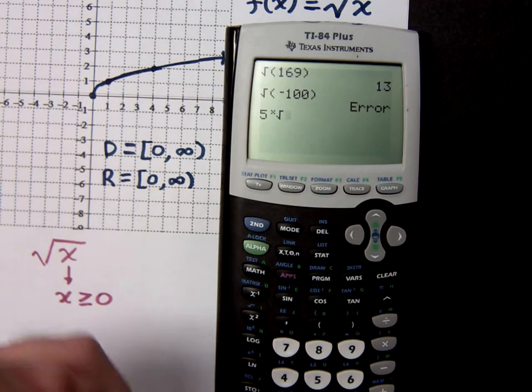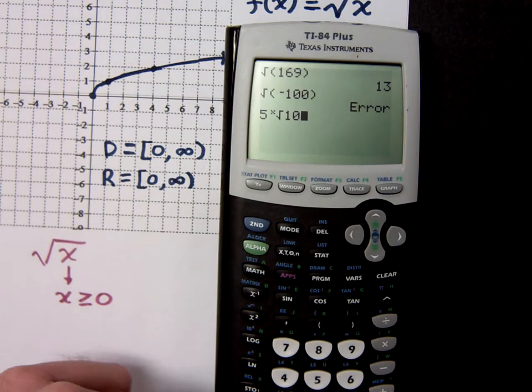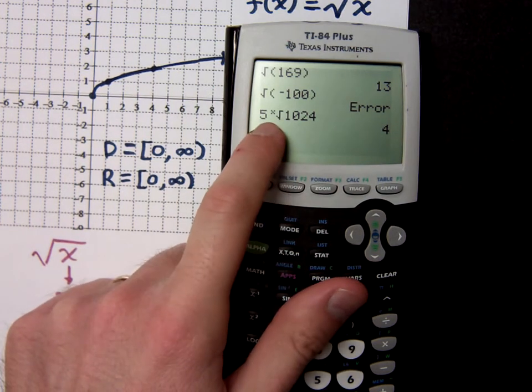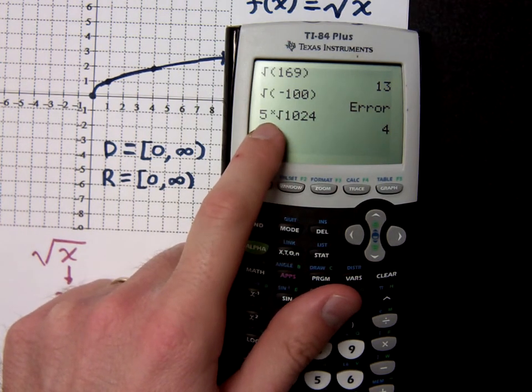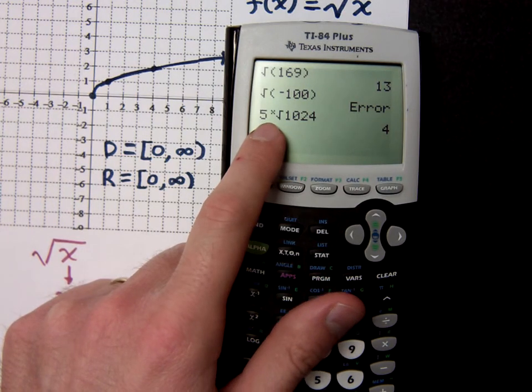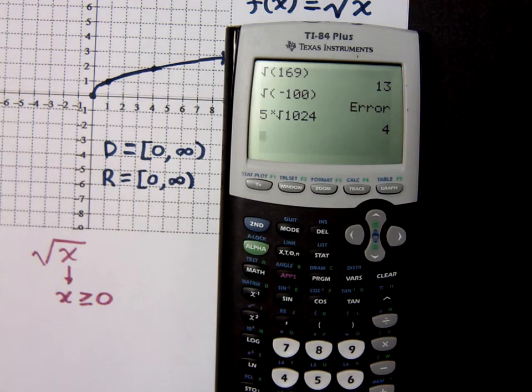So this would be the fifth root of 1024, and the answer is 4. I don't particularly care for this. And if you go back to the other setting that we had, not the classic setting, it should actually show up as the index, and it would look the way it's supposed to look.